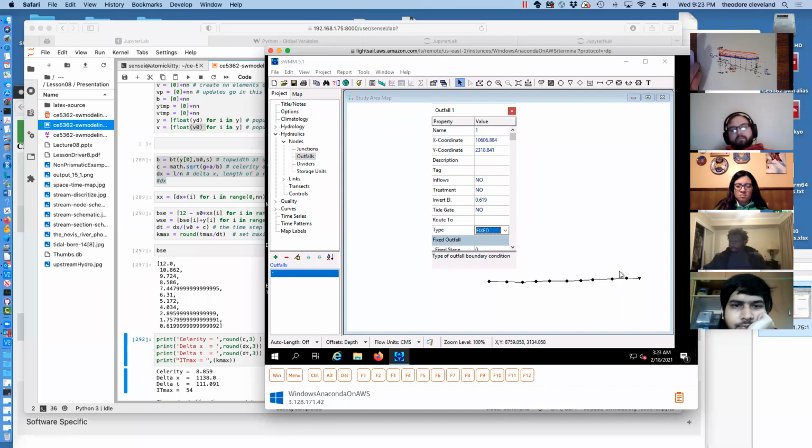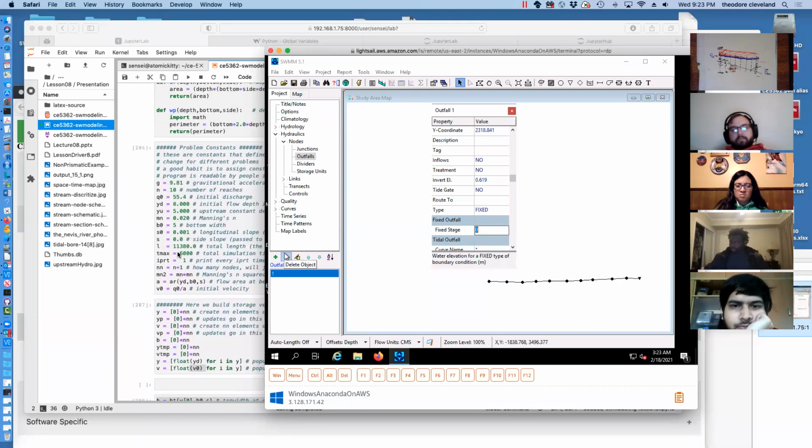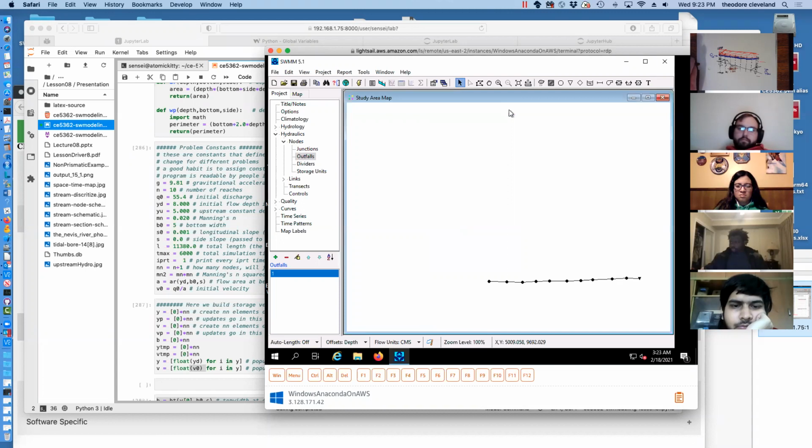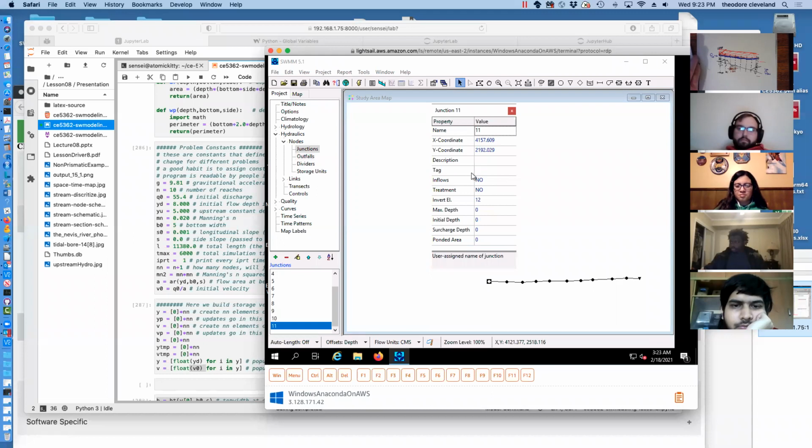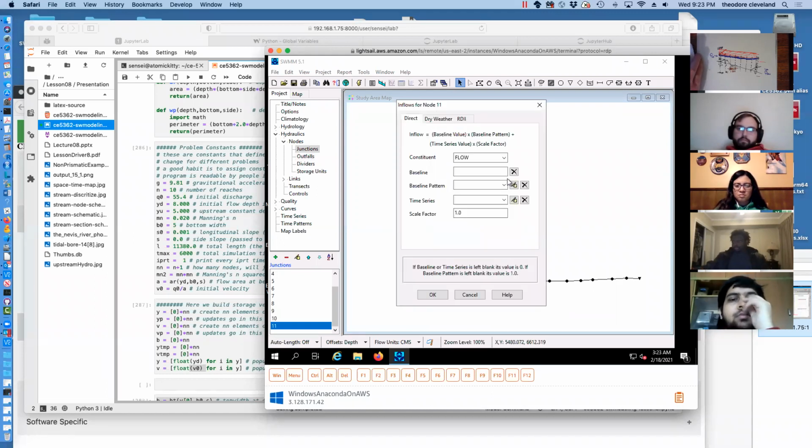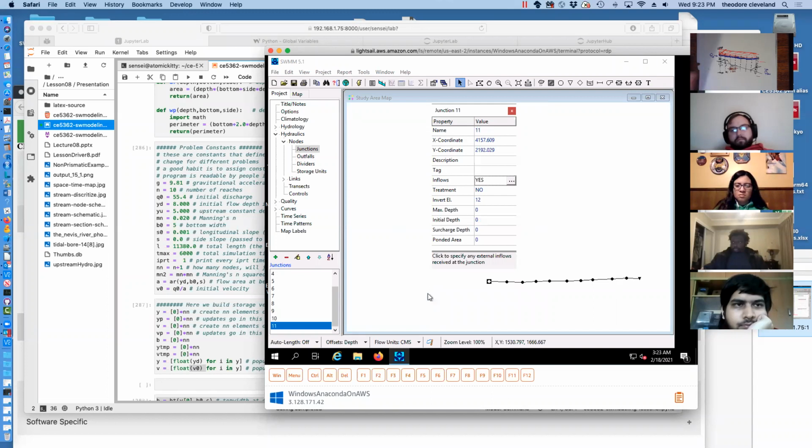Okay, our outfall depth at the downstream end is fixed. And if you recall, it is at a value of 8. The upstream end, we have an inflow of yes. And we'll let the computer program calculate the depths.